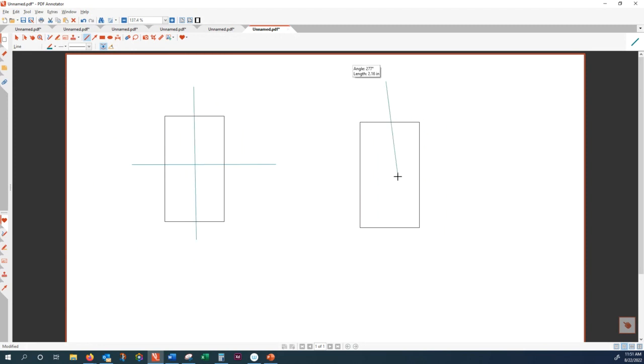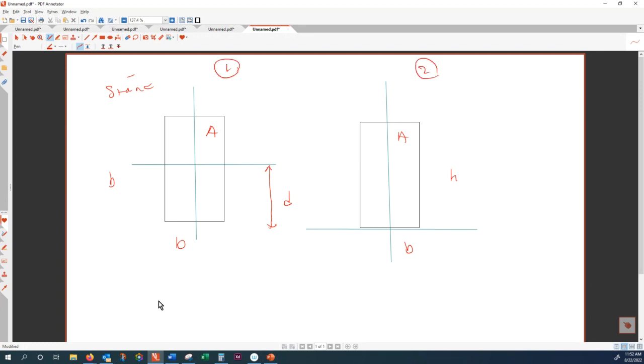And in another configuration, you have your coordinate system not at the center, but at a different position. But the distance between these two is d. So this is a standard, and by integration, by mathematical derivation, with this being the area, you find out the I for case 1 and case 2.